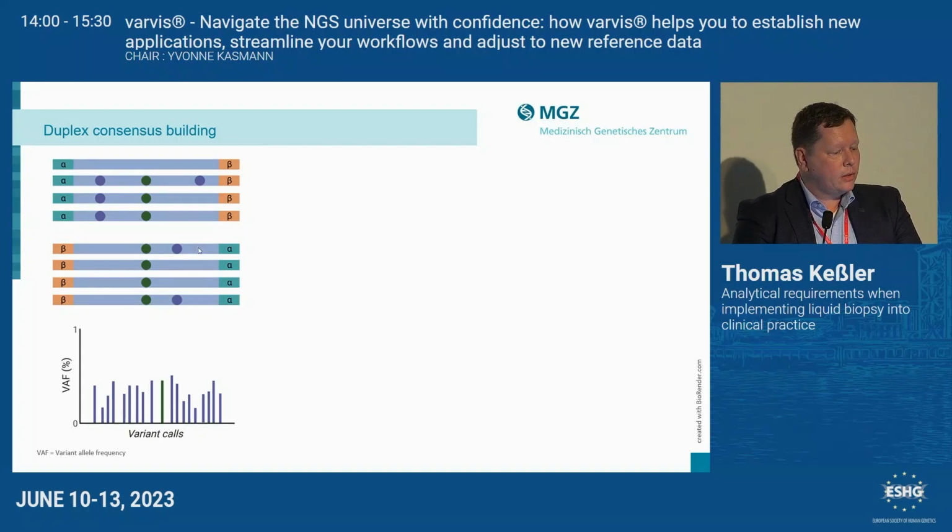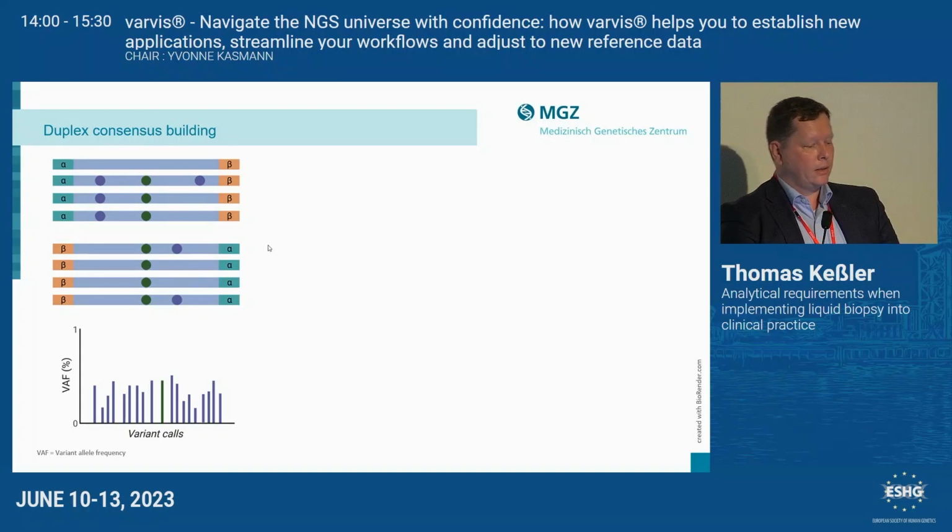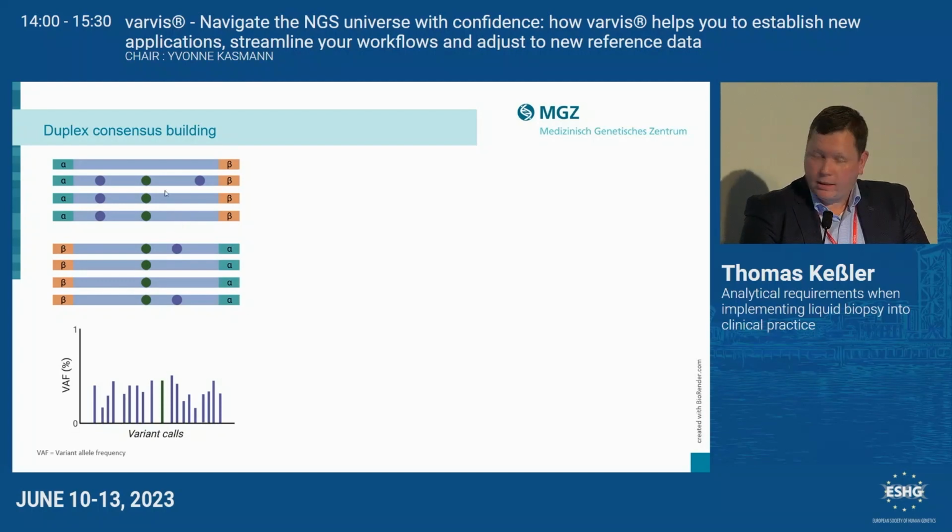And then you have the picture that you see here. The green dots may represent a true DNA variant from the tumor that you find in many of the reads, but you also find random reads, here depicted in blue, that are potential artifacts from the library preparation steps.